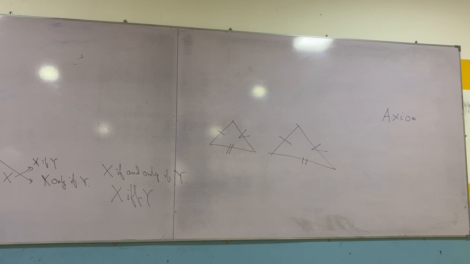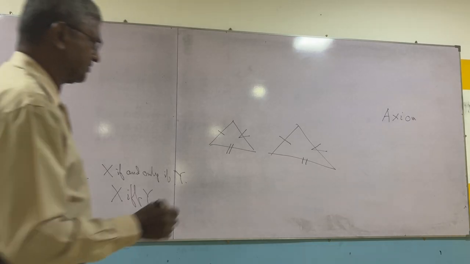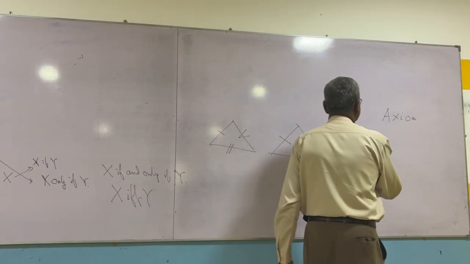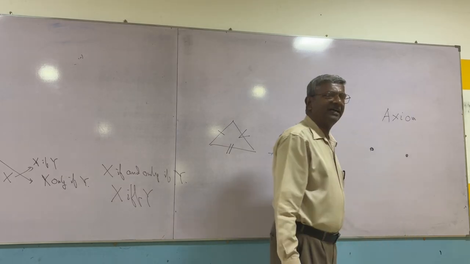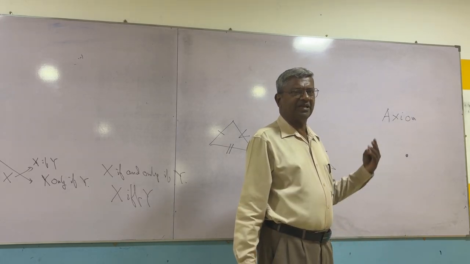That sort of things are called axioms. One axiom is, if you take 2 points, 2 distinct points, anywhere, doesn't matter where it is.